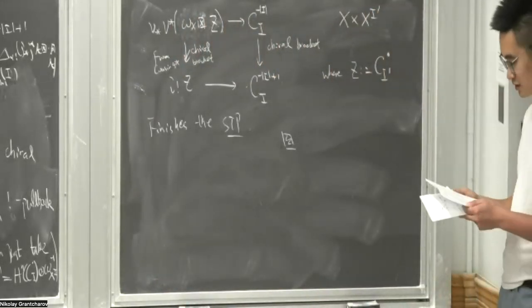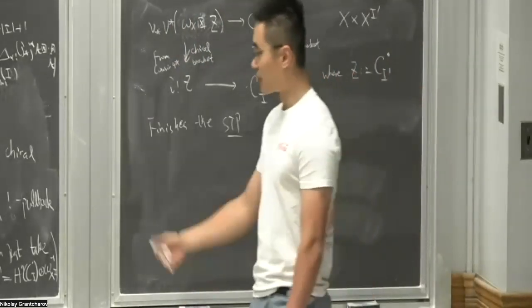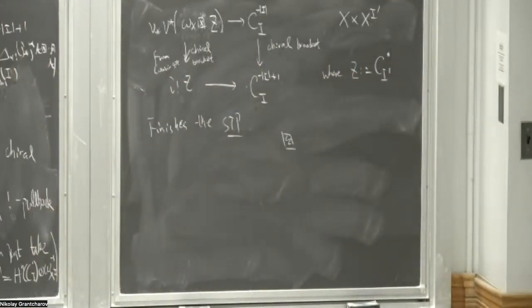This is the construction of the other side, the other map, like chiral algebra. Poisson chiral. Okay, so this will finish the part on chiral algebra and the factorization algebra.